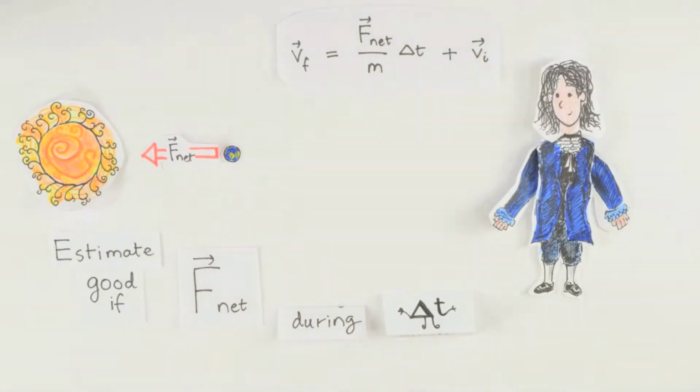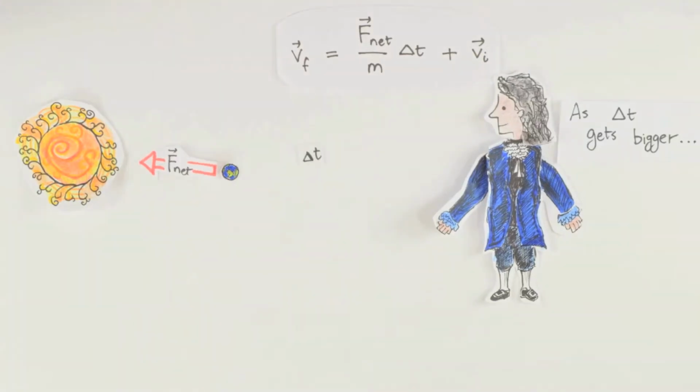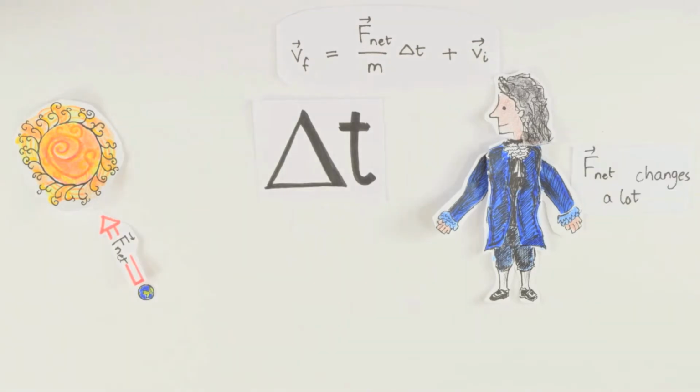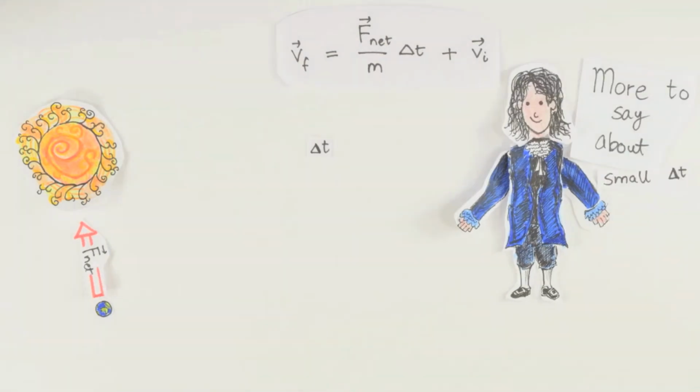Our predictions will be good if we choose delta t such that the net force doesn't change much during the time interval delta t. There's a lot more to say about choosing delta t small. We'll revisit this as we need to when we come across specific cases.